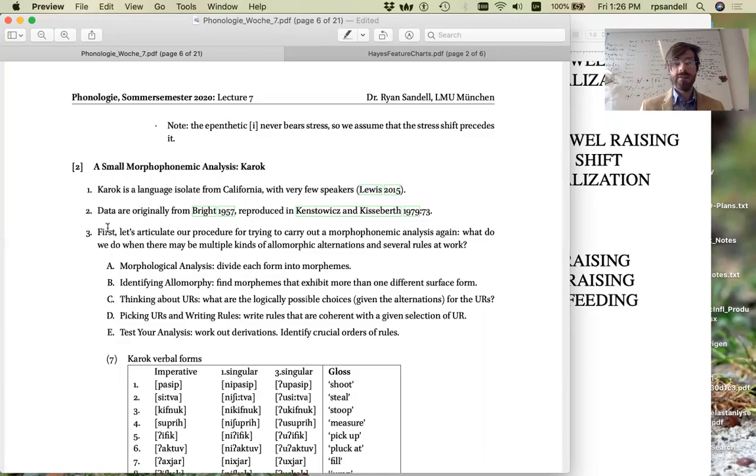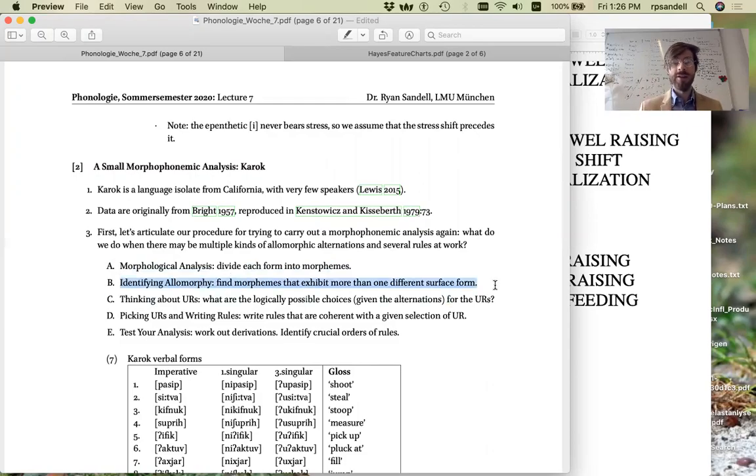So again, let's express a procedure for carrying out morphophonemic analysis. What do we want to do in cases when we find that there are multiple kinds of allomorphy present in the data for which we need separate rules? So our first step will always be to try to carry out a morphological analysis when it looks like we can assume there is some morphological structure and we can posit what the form of a morpheme is or what its allomorphs are. We should do that first.